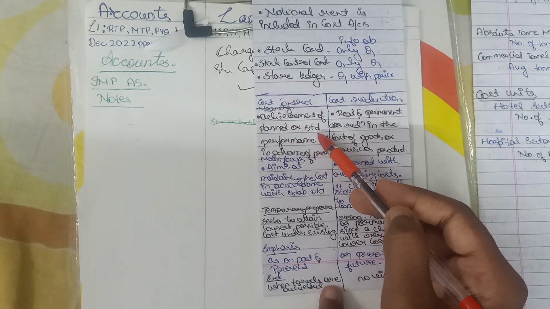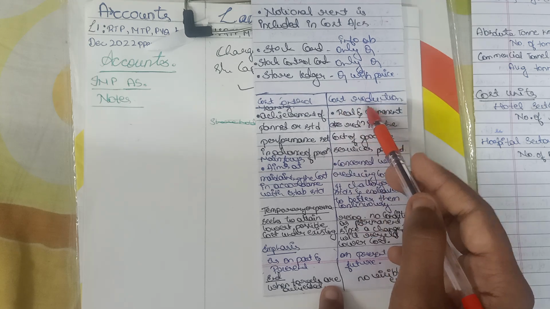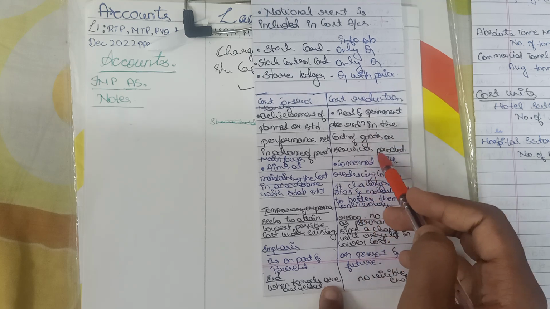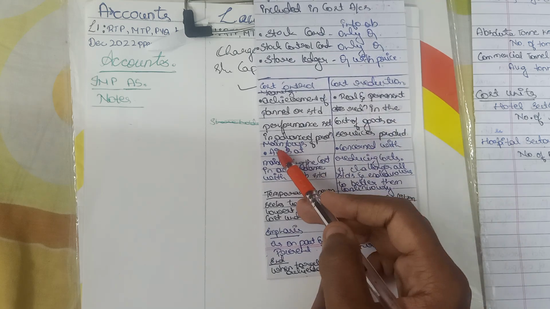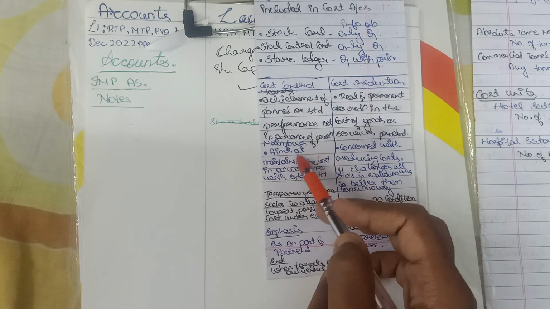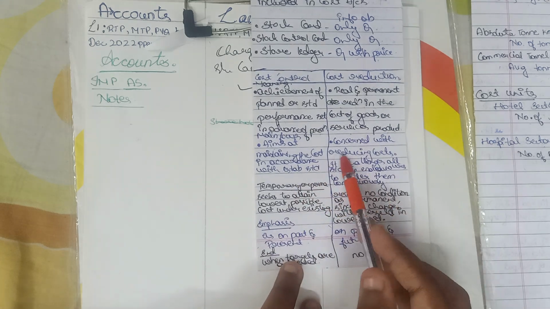Cost control is achievement of planned or standard performance set in advance of production. In case of cost reduction, that is real and permanent reduction in the cost of goods or services produced. Cost control aims at maintaining the cost in accordance with established standards.